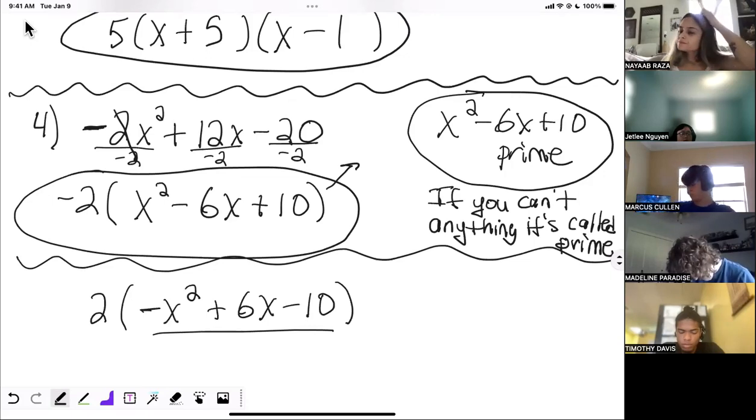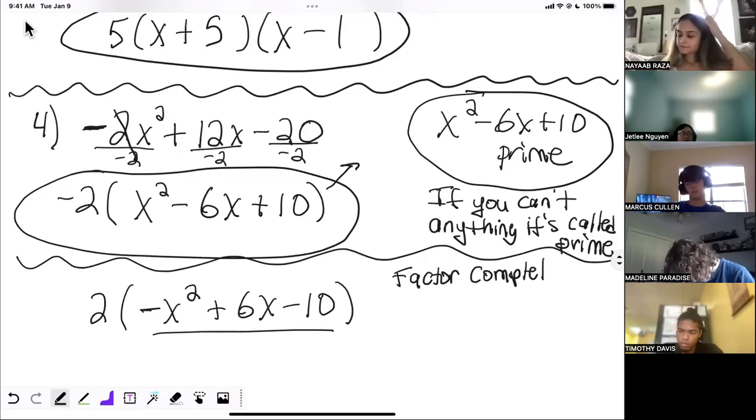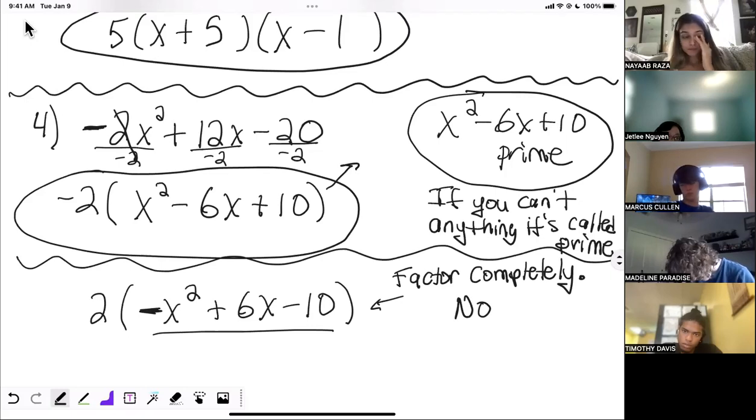No. You might see something like this for your directions, factor completely. That means, is this completely factored? And the answer would be no, because that negative is still hanging out in the front. Did I answer that question? Yes, ma'am. Okay, perfect. It's a good question.